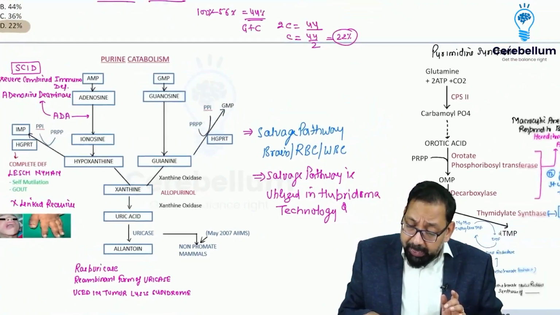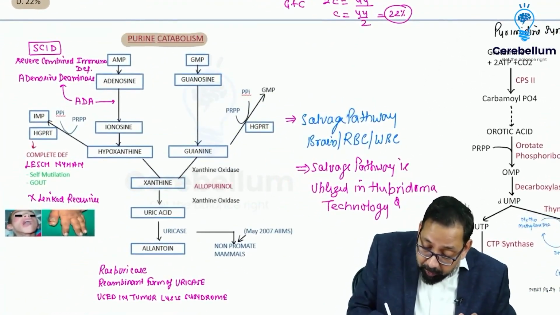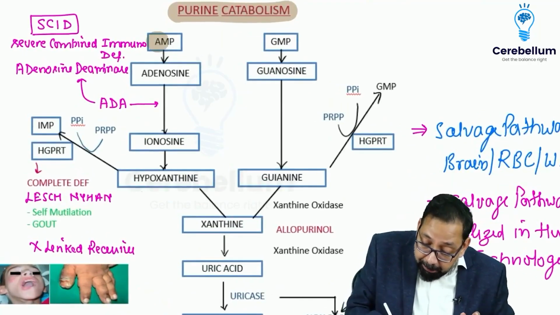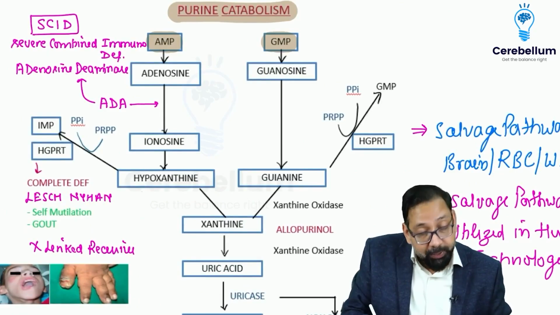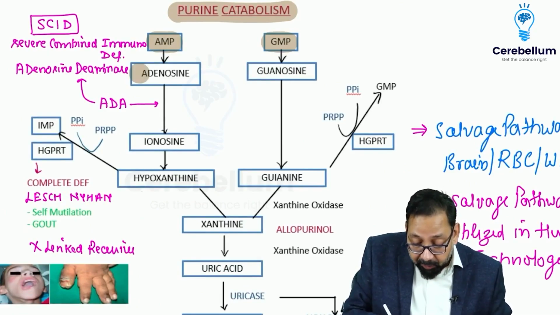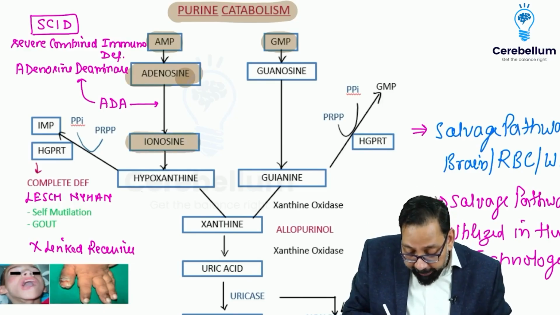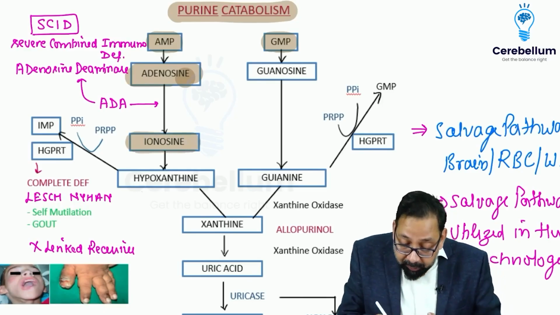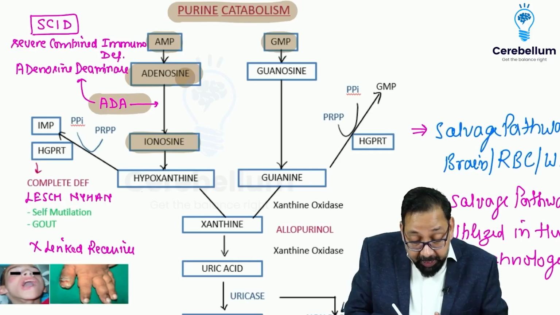Now, purine catabolism and pyrimidine synthesis. Purines, that is AMP, GMP: adenosine monophosphate, guanosine monophosphate. AMP is converted to adenosine. Adenosine is converted to inosine by adenosine deaminase, ADA.